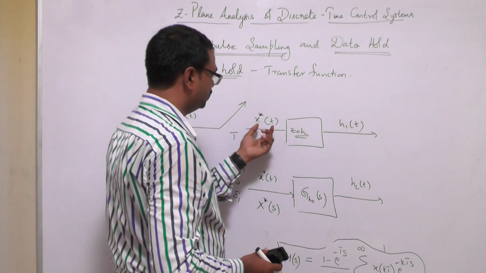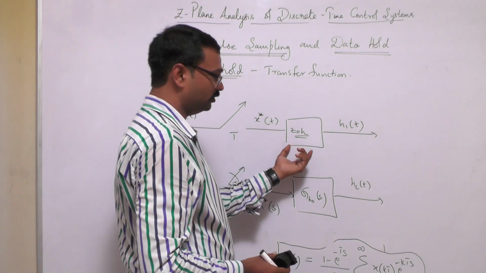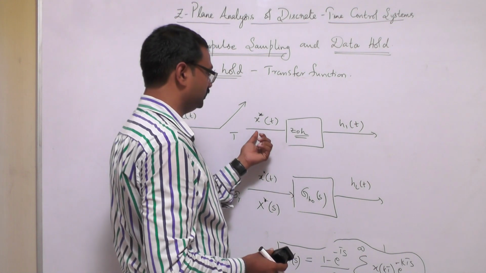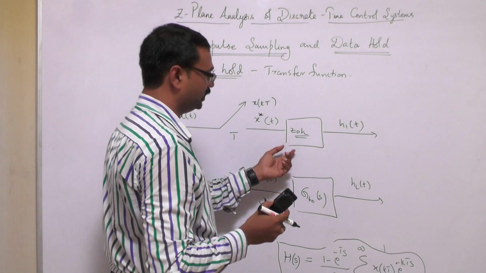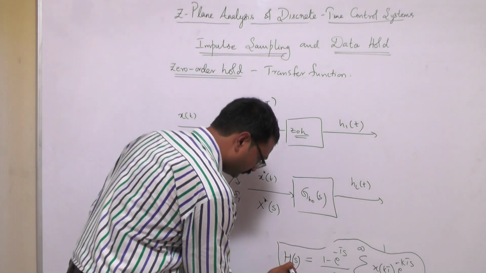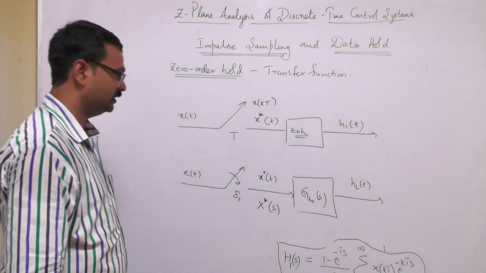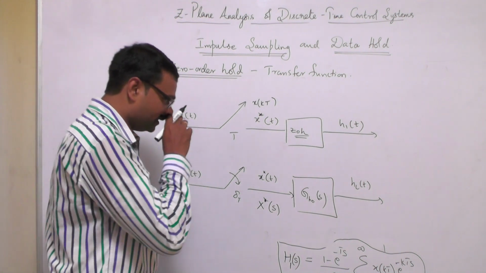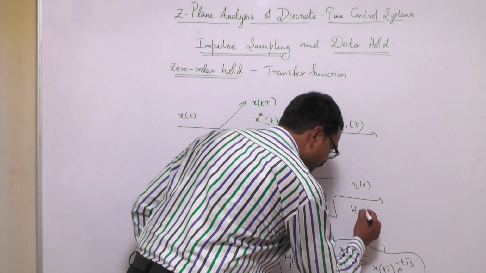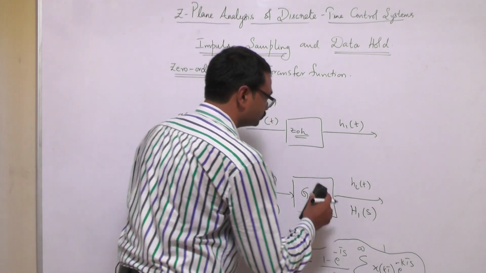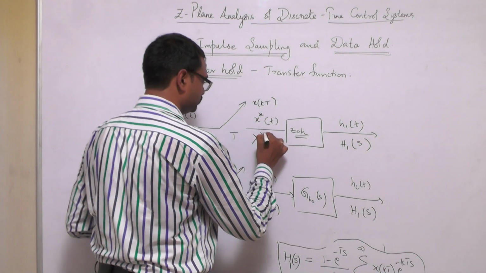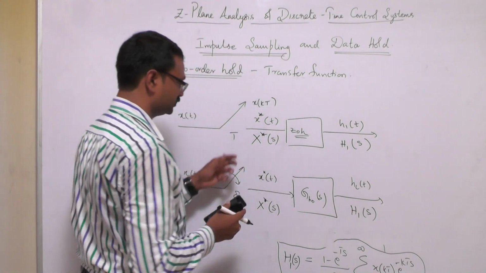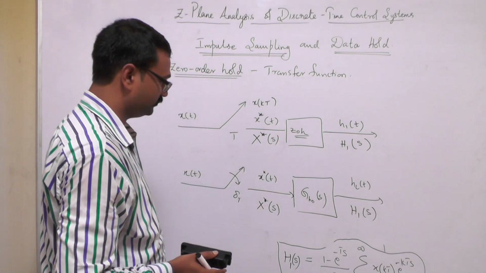Now we have x star of t, and when I apply x star of t or x of kt to the zero order hold, I am getting h1 of t here. Therefore I will write it as h1 of s, when you call it x star of s. X star of t, you are getting x star of s.